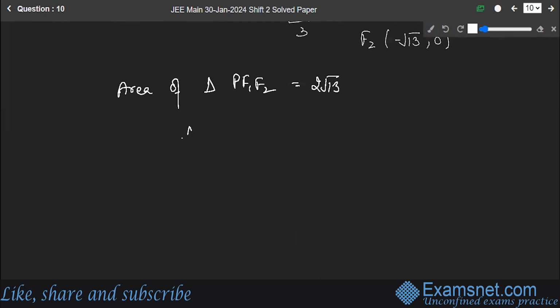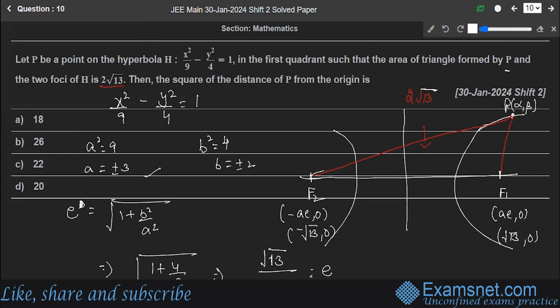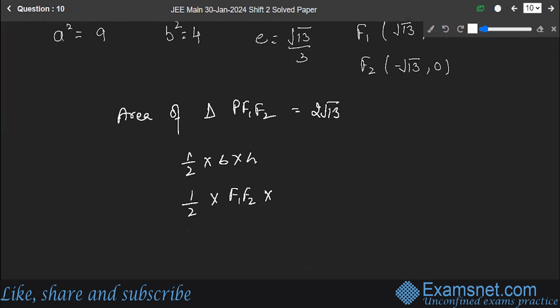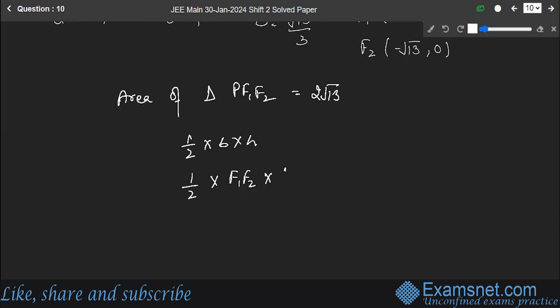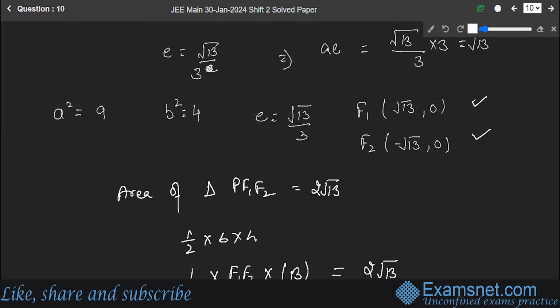And this is half into base into height. What is base? It is the distance between the two foci, and h is your beta, right? This is your h. So this is your beta. This is equal to 2 root 13. So I have F1 and F2. Let's find out the distance between them.